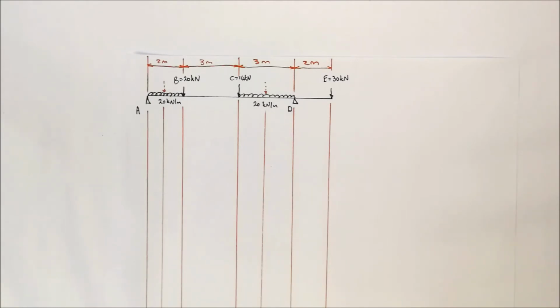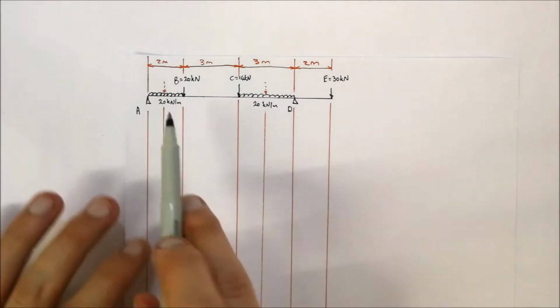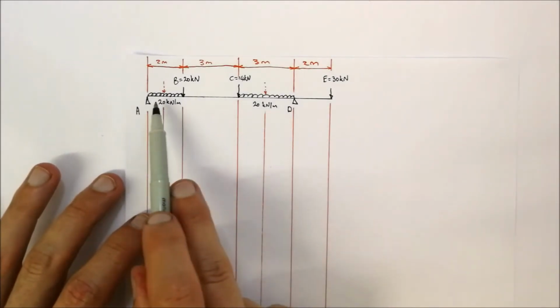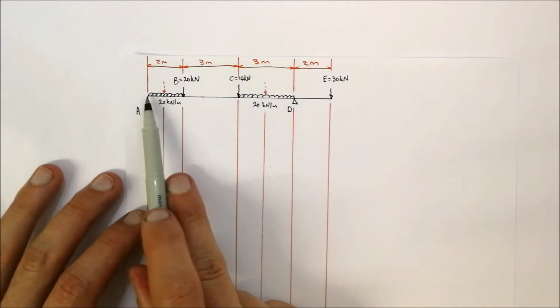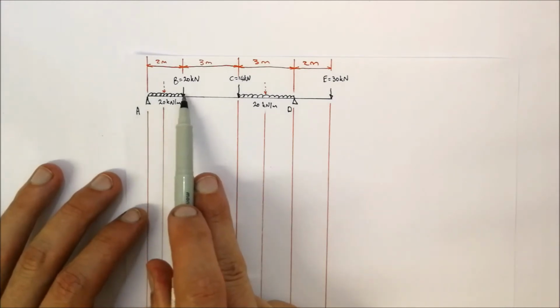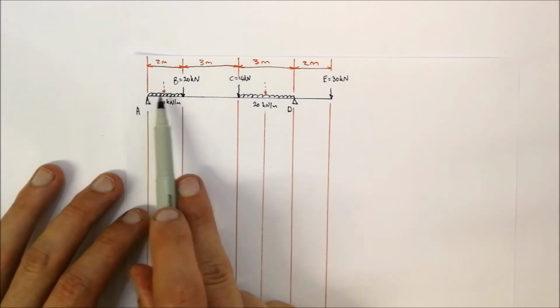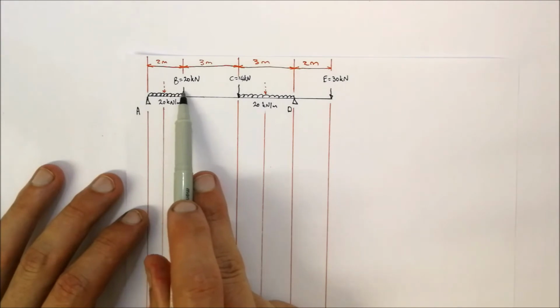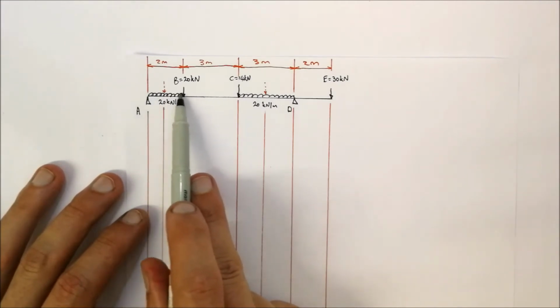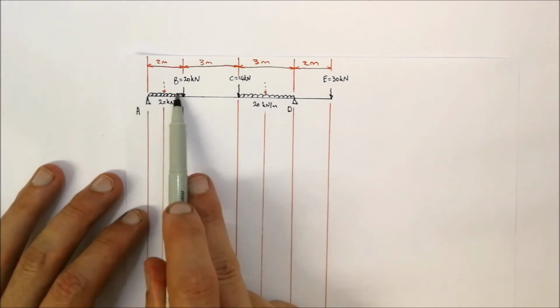So what would be a common scenario or application where you would have this distributed force? Let's say you've got some beam, and on top of this beam you want to have a concrete slab that's going to be 2 meters in length. That slab will be a distributed force across that 2 meters.